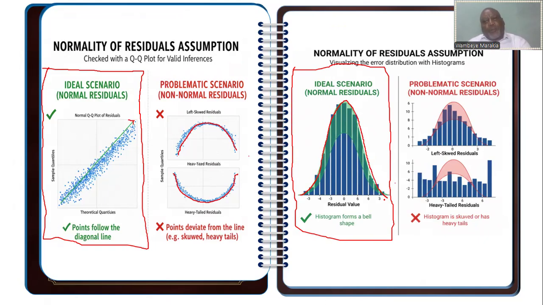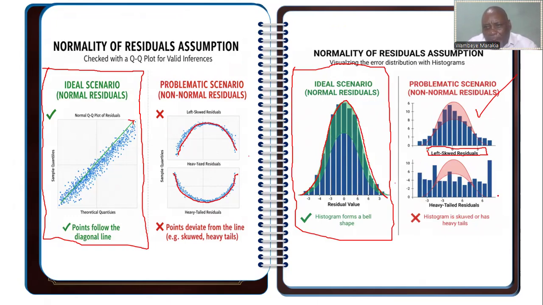It's producing a very good normal curve, and you will see that this forms a bell shape. But when you look at the one on the right-hand side here, this one is left skewed. It does not have normality of residuals. So this assumption is violated.